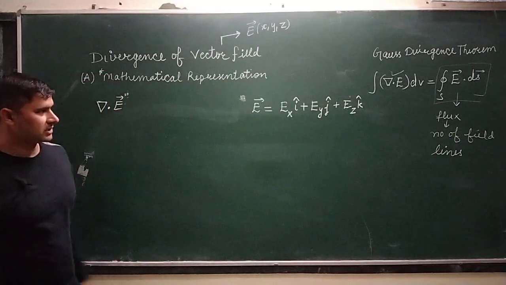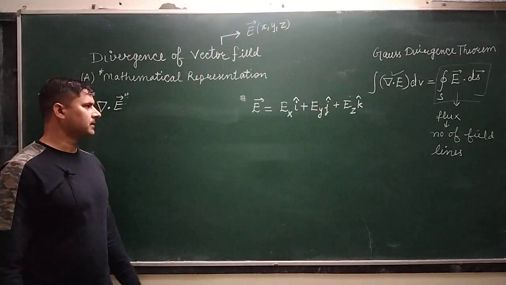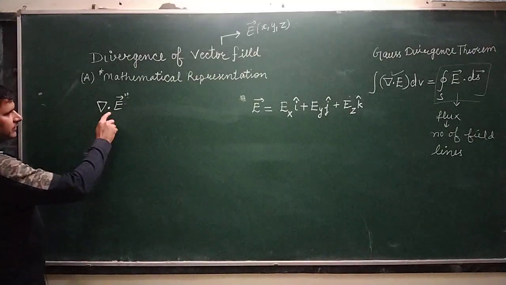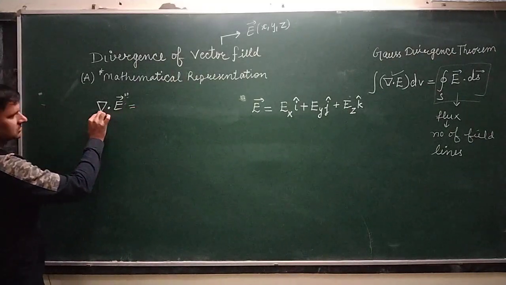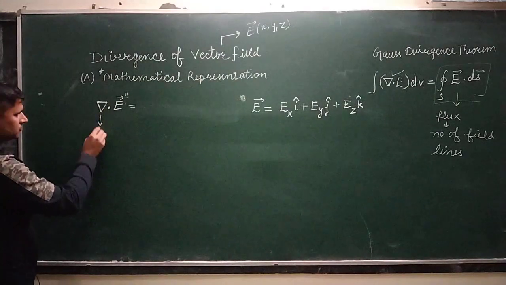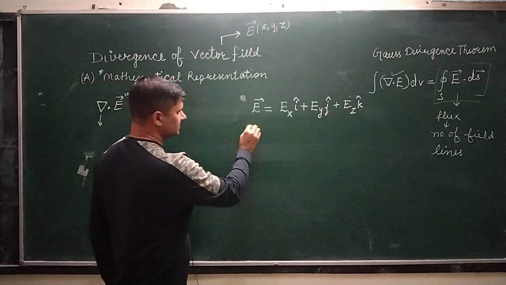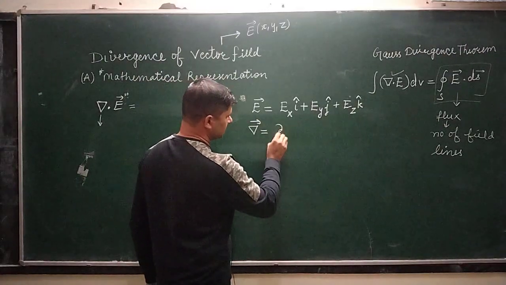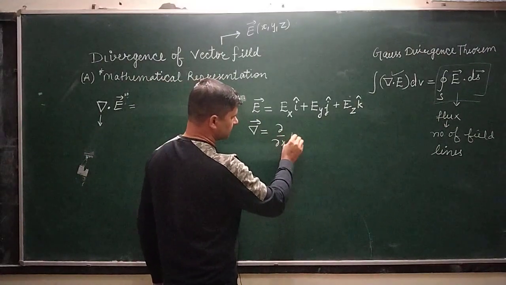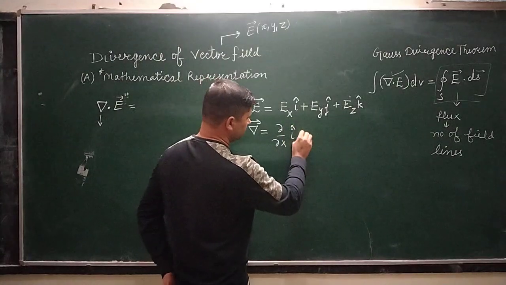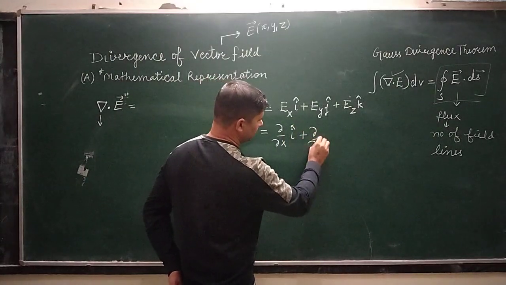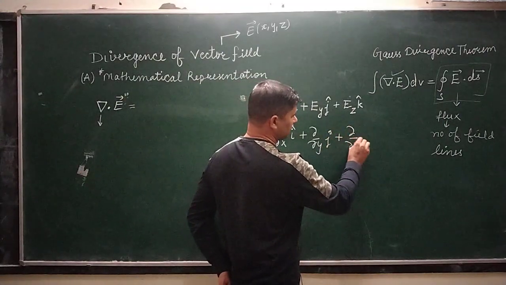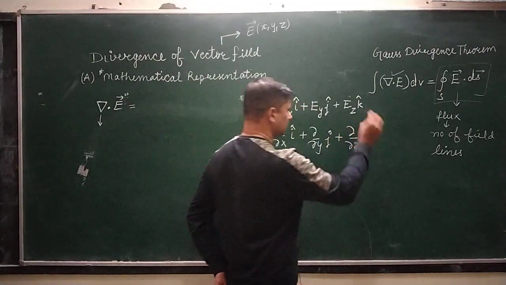So this is how you can write the vector field, vector E. Okay, and now we are to find its divergence. So the operator del, you can write as del equals curly by curly x i cap plus curly by curly y j cap plus curly by curly z k cap.